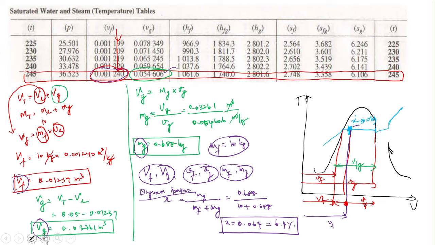So that can be calculated as Vx is equal to Vf plus some part of Vfg, which is called x. So I can write the specific volume at some point x is equal to Vf plus x into Vfg.